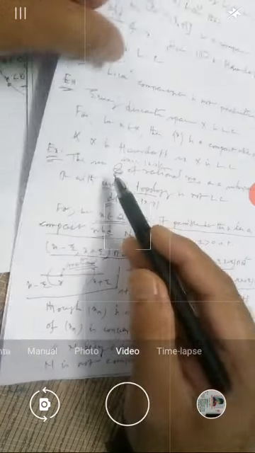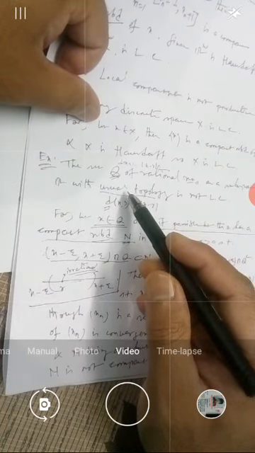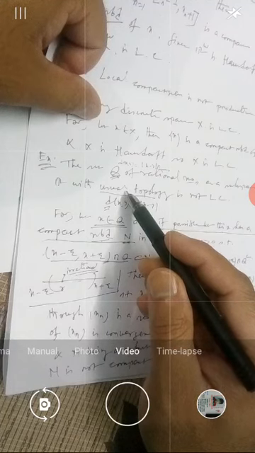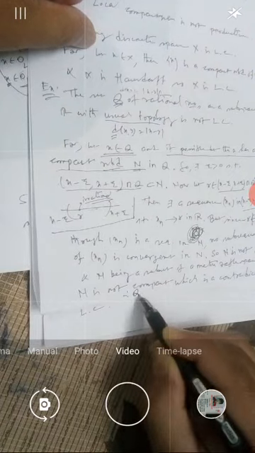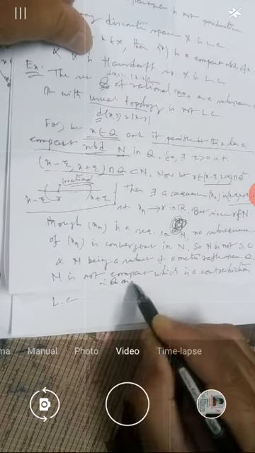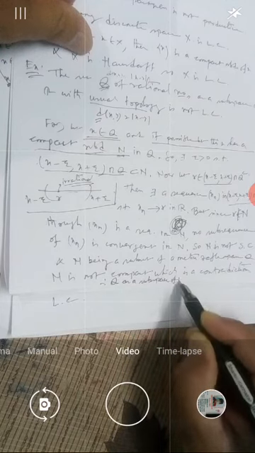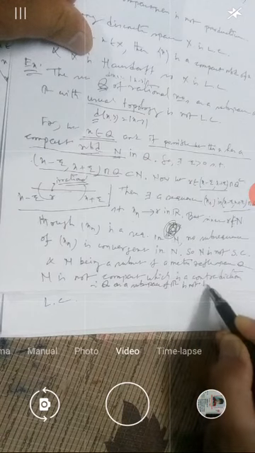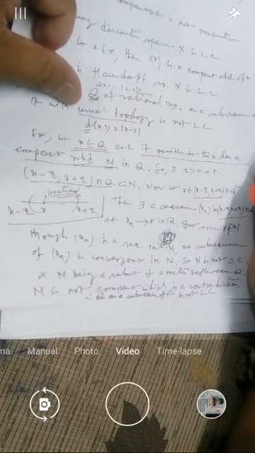So no point of Q has a compact neighborhood. So Q as a subspace of R cannot be locally compact. So Q, very very important, Q as a subspace of R is not locally compact. Why am I saying this so loudly?